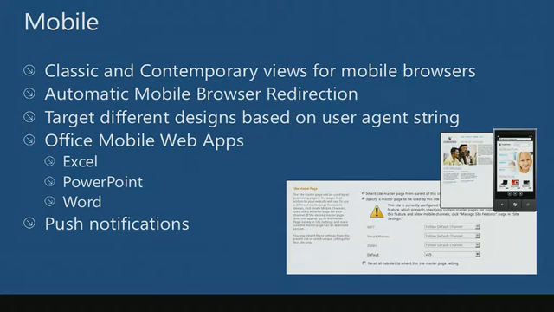But we've also now got this contemporary view. This provides a completely different rendering down to those particular devices. In order to get this, we need to activate a new feature called the automatic mobile browser redirection feature. That provides the ability to detect what type of device is connecting into our SharePoint Server environment.